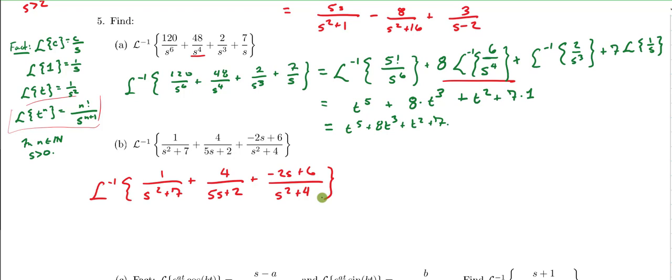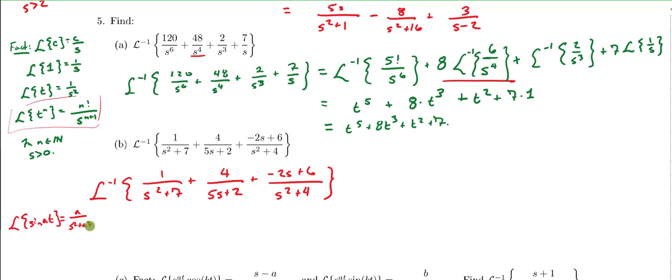So I'm looking at this first term here that I want to take the inverse transform of. And to me, this looks structurally fairly similar to the Laplace transform of sine. Remember that the Laplace transform of sine of at, through the work that you've just done, is a over s squared plus a squared.